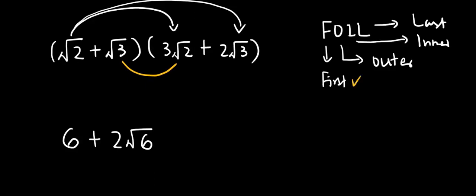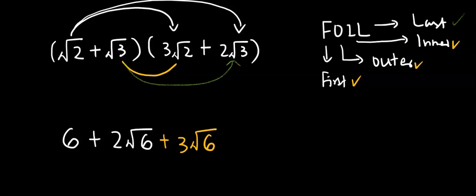So we did first, we did outer, we're going to do inner. Inner is square root 2 times 3 square root 3, which gives me also positive 3 square root 6. And the last step we're going to do, the last one, is right here. And it is square root 2 times 2 square root 2, which gives me 2 times 3. It is also a 6.